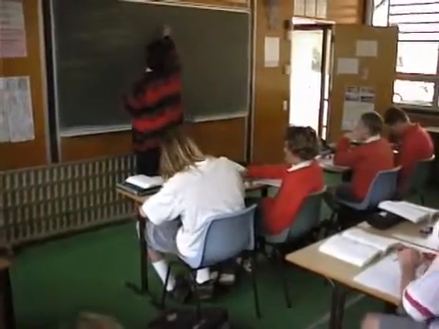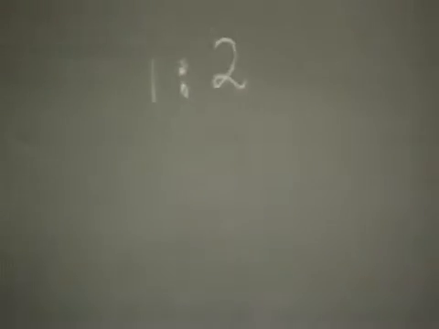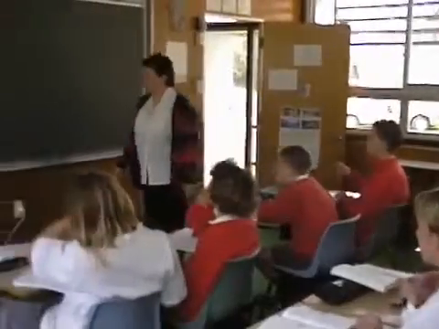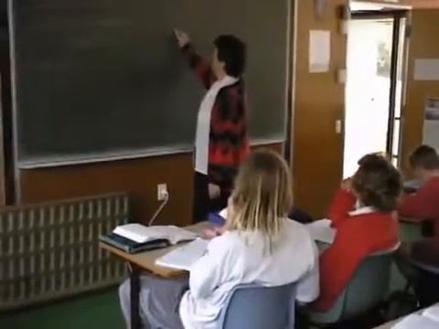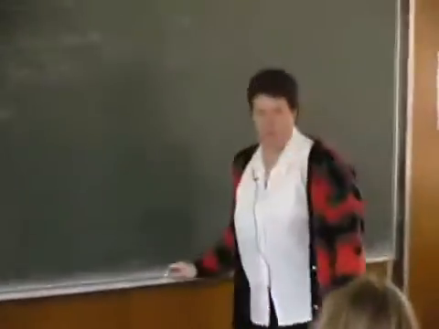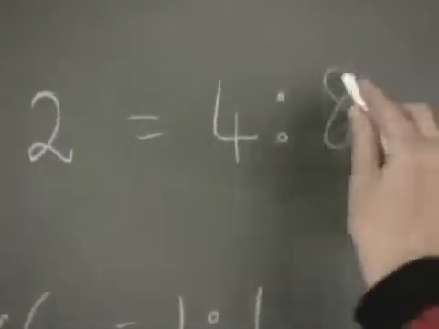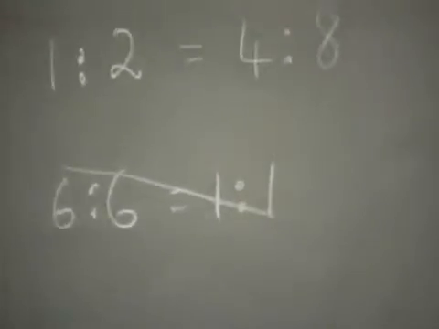What if I say I want them divided in the ratio 1 to 2? No, 6 in each would be 6 to 6, which would be 1 to 1. You really should have told me 4 to 8, because remember with ratio, the order is important.